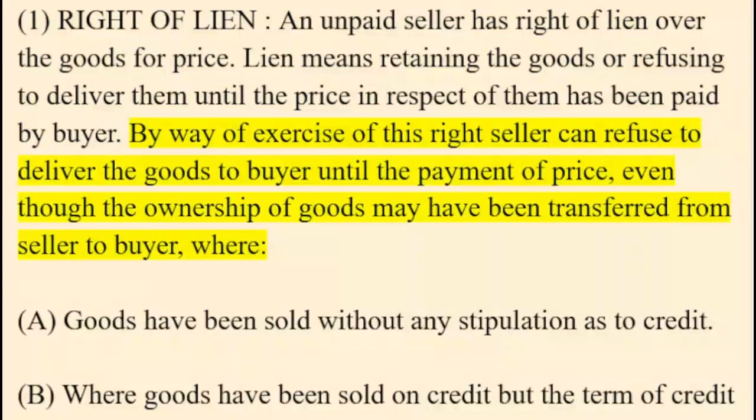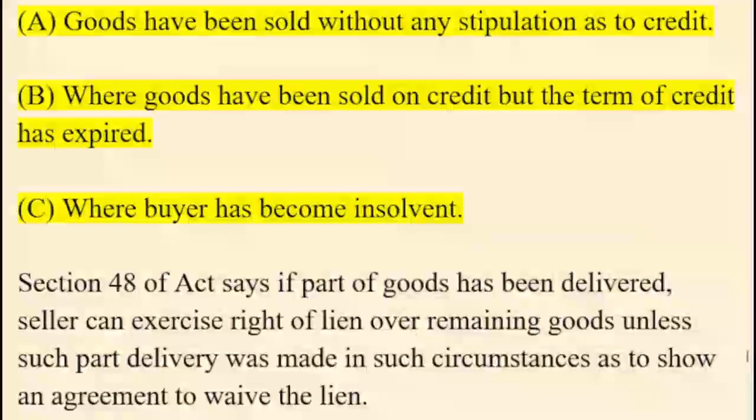By way of exercise of this right, the seller can refuse to deliver the goods to the buyer until the payment of price, even though the ownership of goods may have been transferred from seller to buyer, where: a. goods have been sold without any stipulation as to credit; b. goods have been sold on credit but the term of credit has expired; c. the buyer has become insolvent.